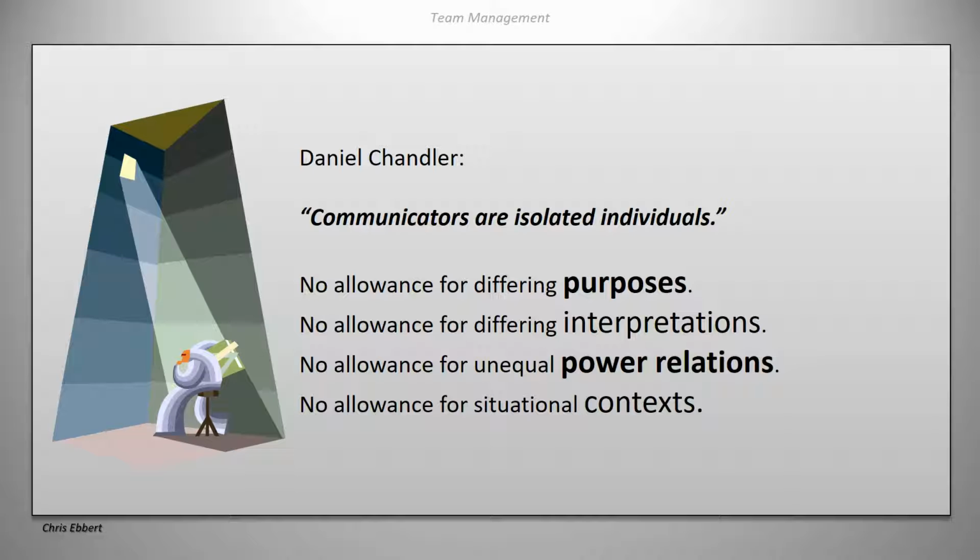So the trick here is if you don't want to be an isolated communicator, make sure your purpose connects with the purposes of the people around you when you're communicating. You need to want the same thing, or they need to want the same thing as you, and you need to make that clear. It should be absolutely clear what you're saying, so the interpretations shouldn't take too long.